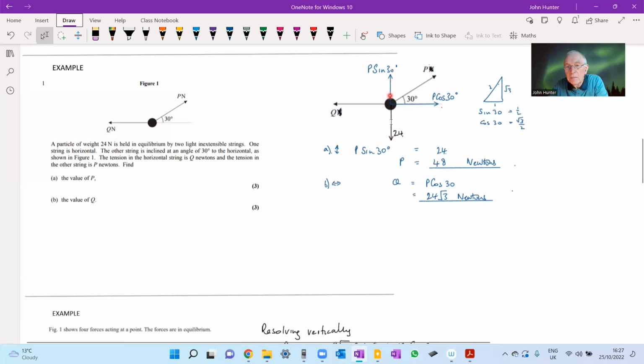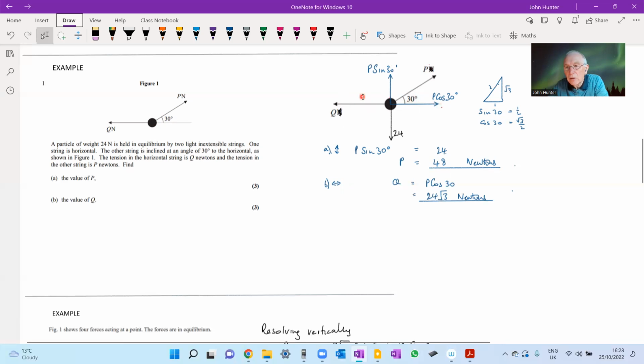They must be equal because the particle is held in equilibrium. So we can say therefore that P sine 30 equals 24, and then sine 30 being a half means that P is 48 newtons, working in newtons. And then similarly, when we look at the horizontal, Q is going to be equal to P cos 30.